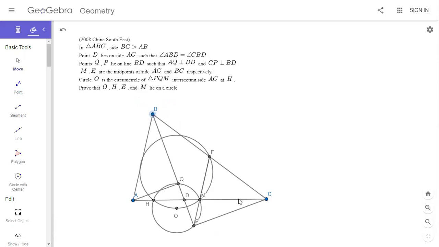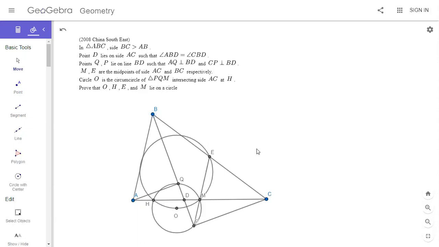So that would mean AB is parallel to PM. And if we know that this is cyclic, yeah, so I'm trying to think of what is the best way to go about this. Can we show ABQH is cyclic? I think so, because angle HQP is HMP is EMC. So we know PM and E are collinear. I can prove that.